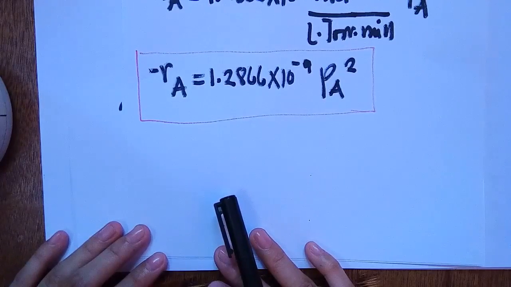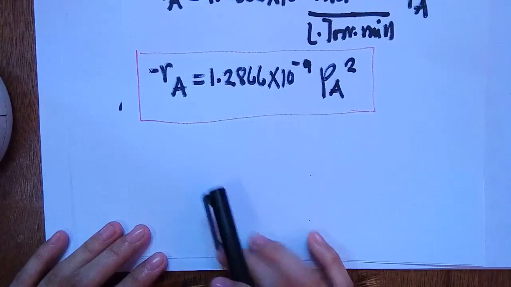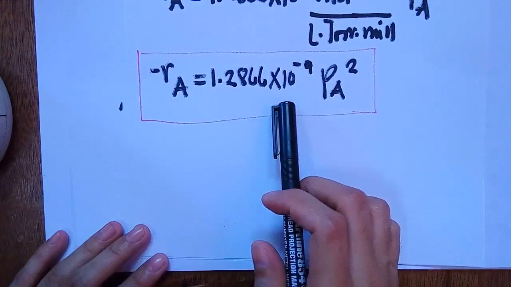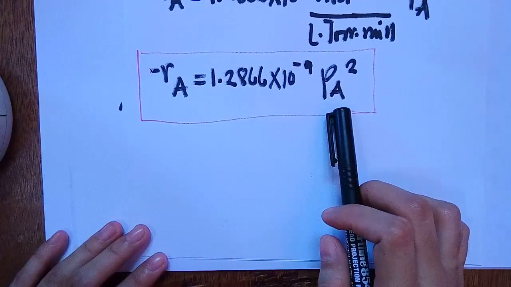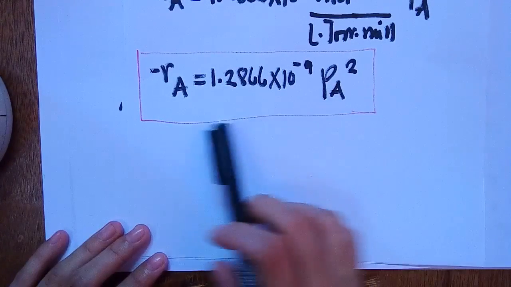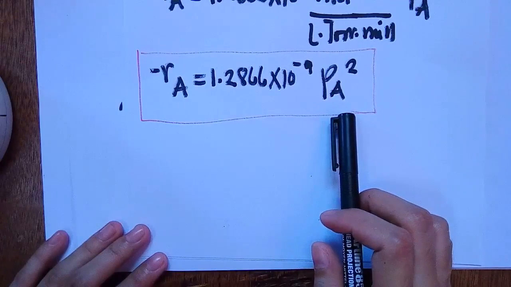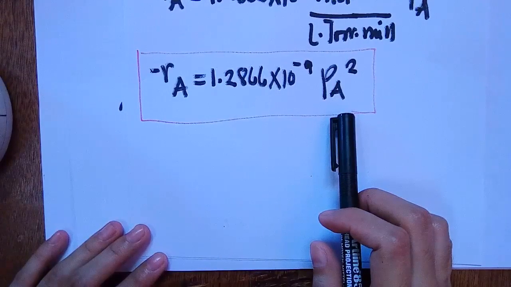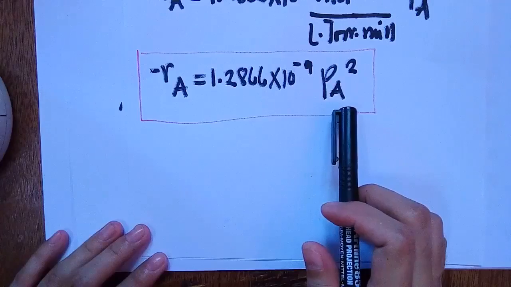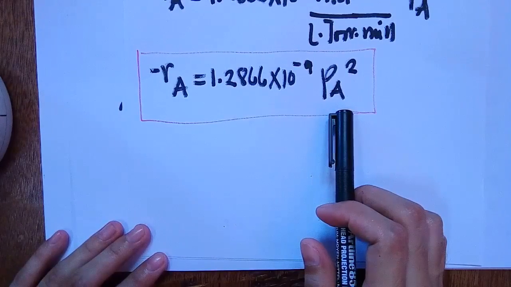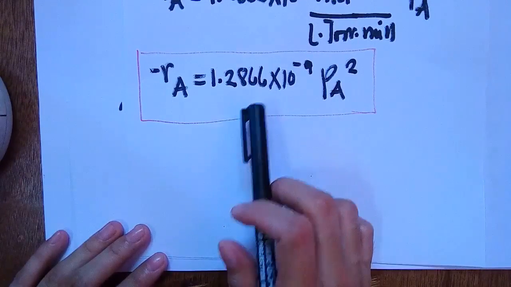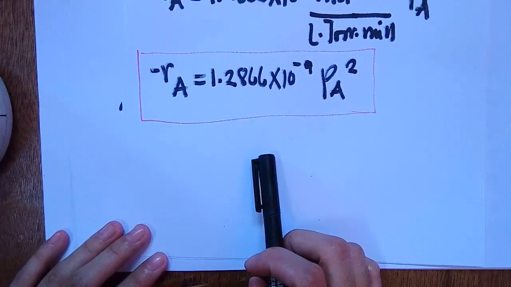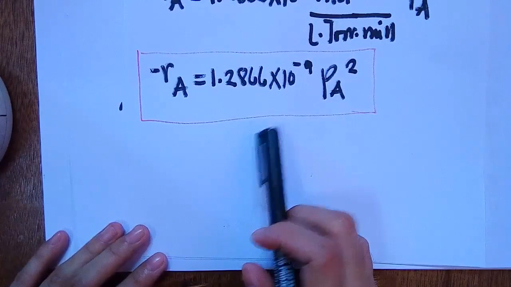This means that the rate of disappearance of A is this much multiplied by the square of the pressure of A at any time t. So if my pressure is, let's say, 300, the square of my pressure times this much is the rate of disappearance of my A at that particular time.